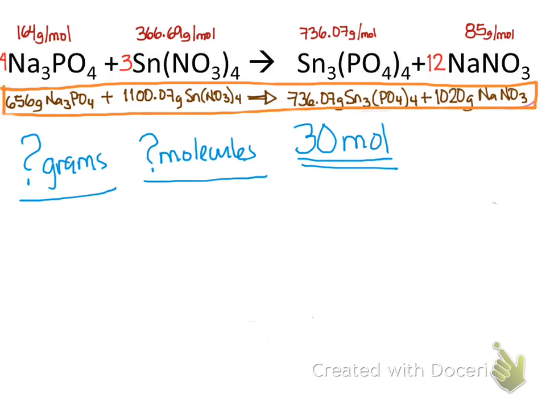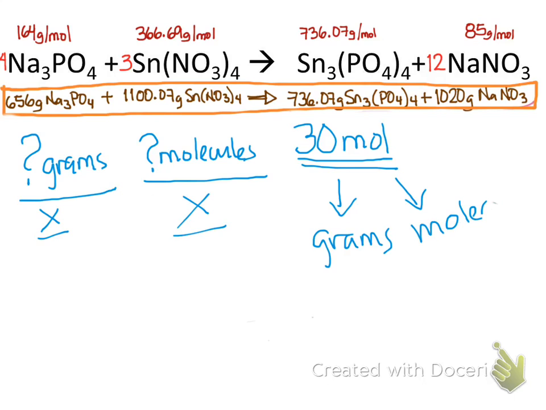I can calculate how many moles I need here and how many moles I need here, and then transform the moles into grams and into molecules. Or I can transform this into grams and make the calculations, and then transform this into molecules and make the other calculation.